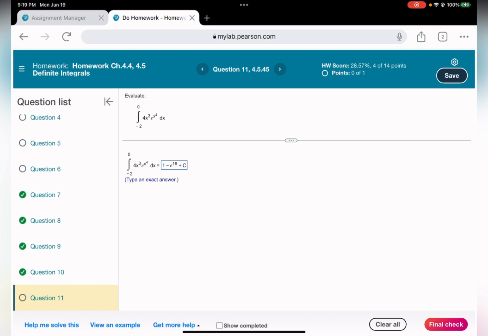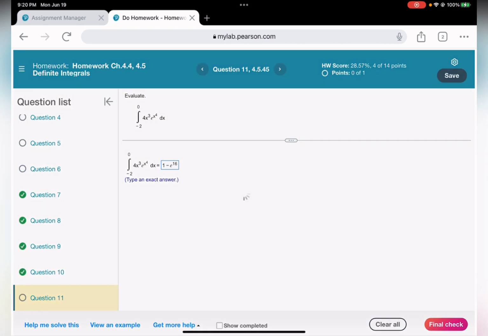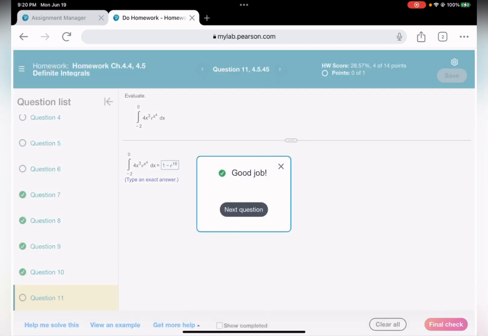Let's check what's happening here. Of course, it's a definite integral, so the integral is giving which piece we are integrating, so we don't need c. Okay, that's it. Good job.